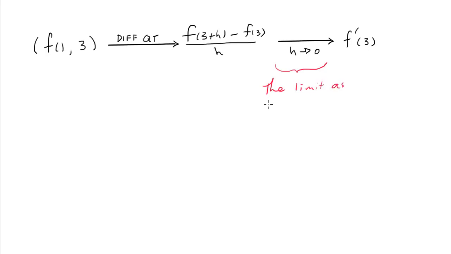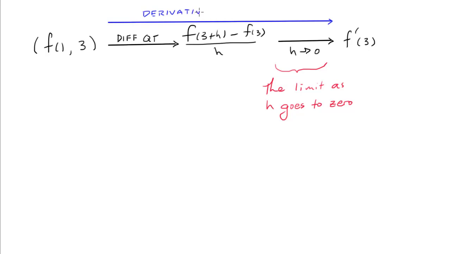The limit as h goes to 0 in particular. This sequence of functions is the derivative. One input, one output. So the output is called the derivative of the input, f at 3.